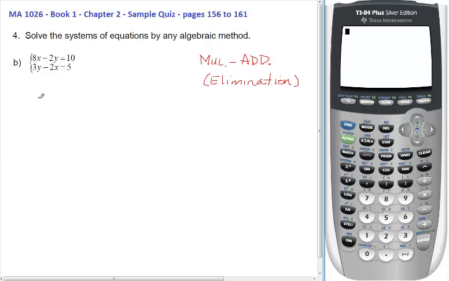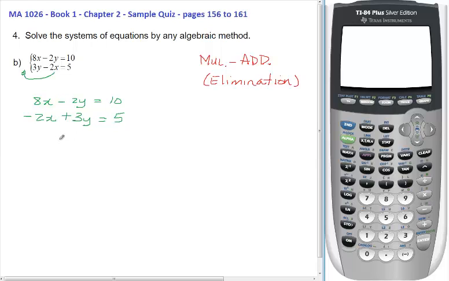So before I do anything, I'm going to make sure I got the x variable under the x variable. I'm going to move this to the x position. It doesn't change sign because I'm not changing sides, I'm just moving it in front of this one, and putting the y term under the y term, and then the number. Do that little step first. Make sure you have x over x, y over y. Don't be fooled by that.